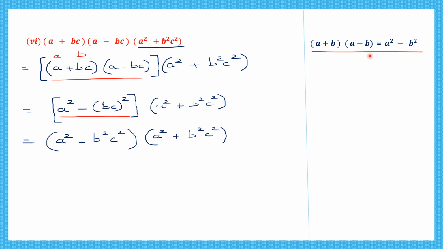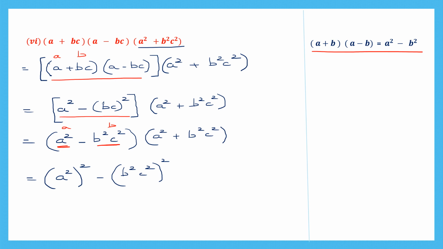So apply this formula and get your answer as a square minus b square. So this time this was going to be a and this is going to be b. So when we say a square, first write a. What is a? This is a. A square will be the square of this, minus, what is b? B square c square, and the square of this is this.